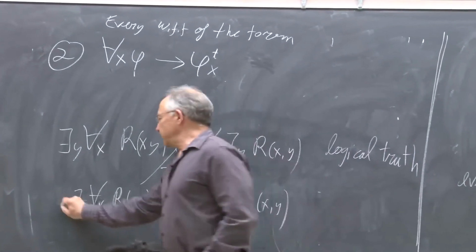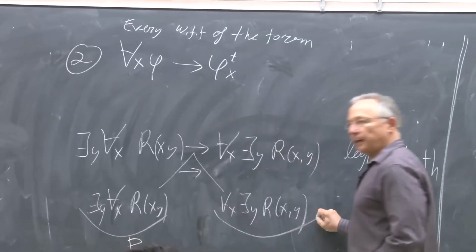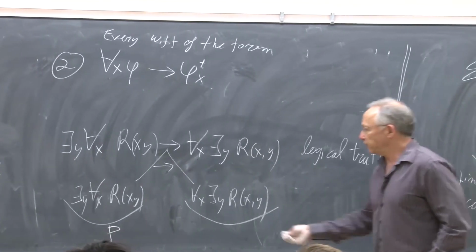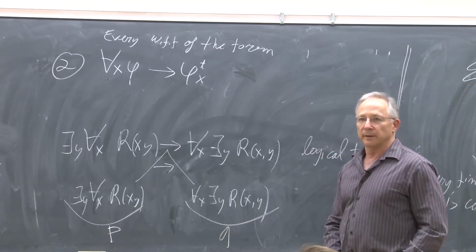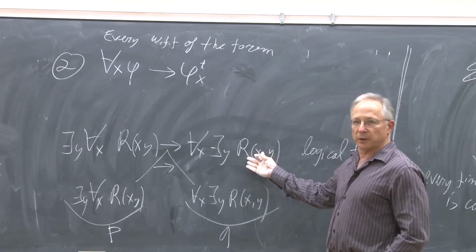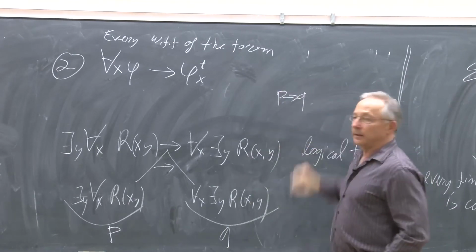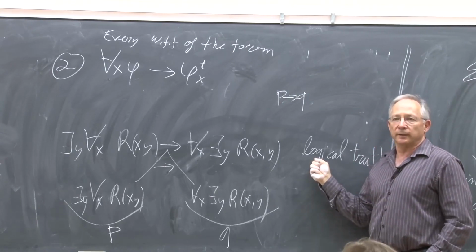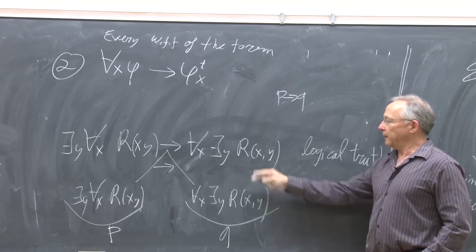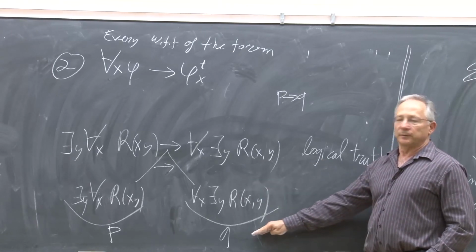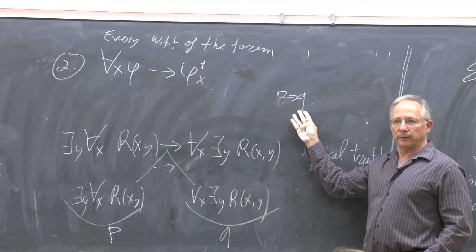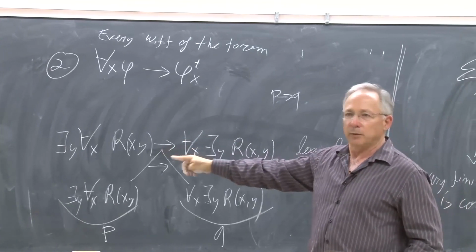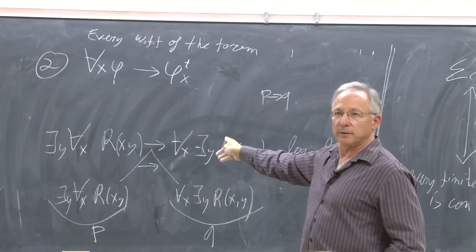Let me call this P. Now when I come to this one, I ask myself, is it exactly the same thing syntactically? No. So I have to give it a new name, Q. So when I break this formula down to propositions, I get P arrow Q. Is it a tautology? No. So a logical truth is a much richer notion than what I get by breaking it down propositionally to a tautology. The distinction here is between a propositional truth and a logical truth in our richer language.